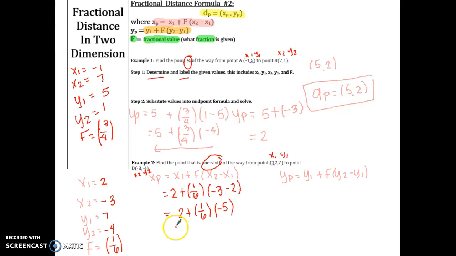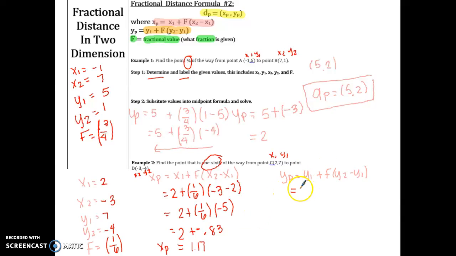Again, right to left, so the 2 drops, plus, and 1/6 times negative 5 will give us a negative 0.83. And once we add those, we will have 2 plus negative 0.83. So let's find out what that is in our calculator. For our xp, we should have gotten 1.17. Let's go ahead and do our y.